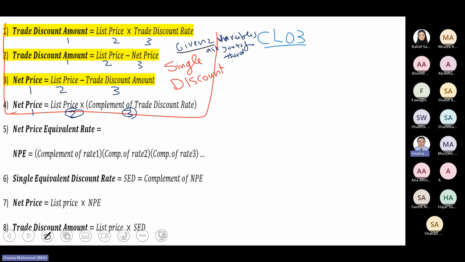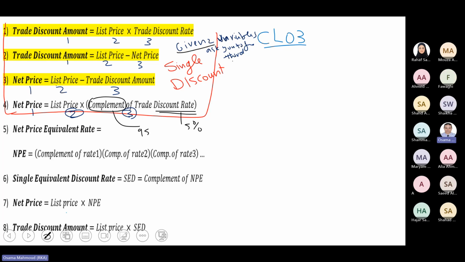But sometimes he gives you the discount rate, but he doesn't give you the complement, right? So it is fair enough. What does complement mean? If the discount rate is 5%, the complement will be 95%. Okay? So if you are given the net price and the discount rate, and he's asking you for the list price, you can go for this one, right?